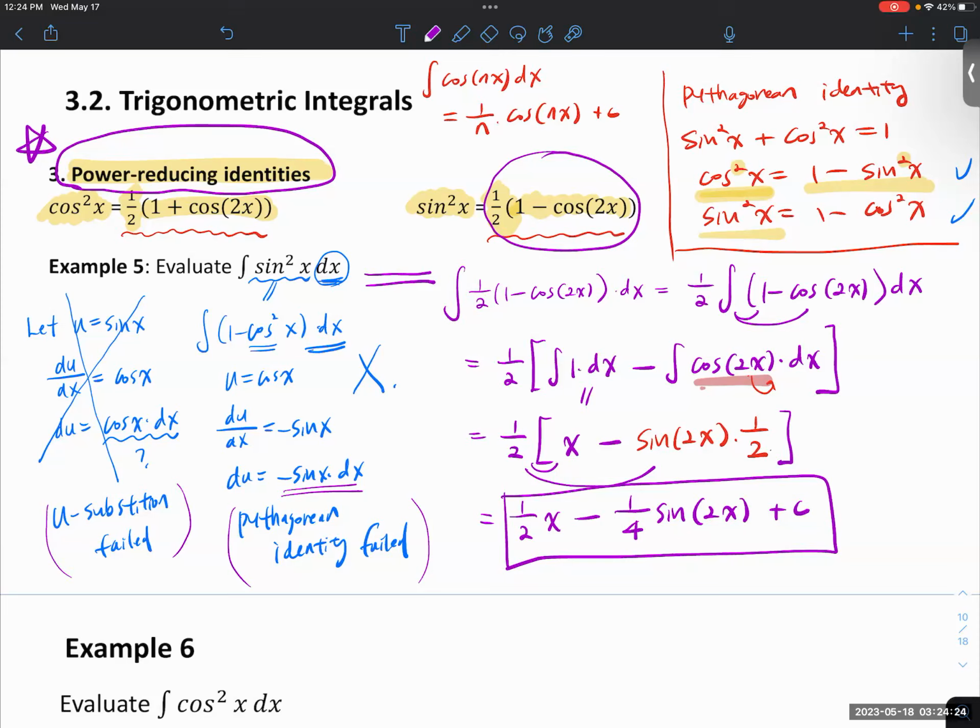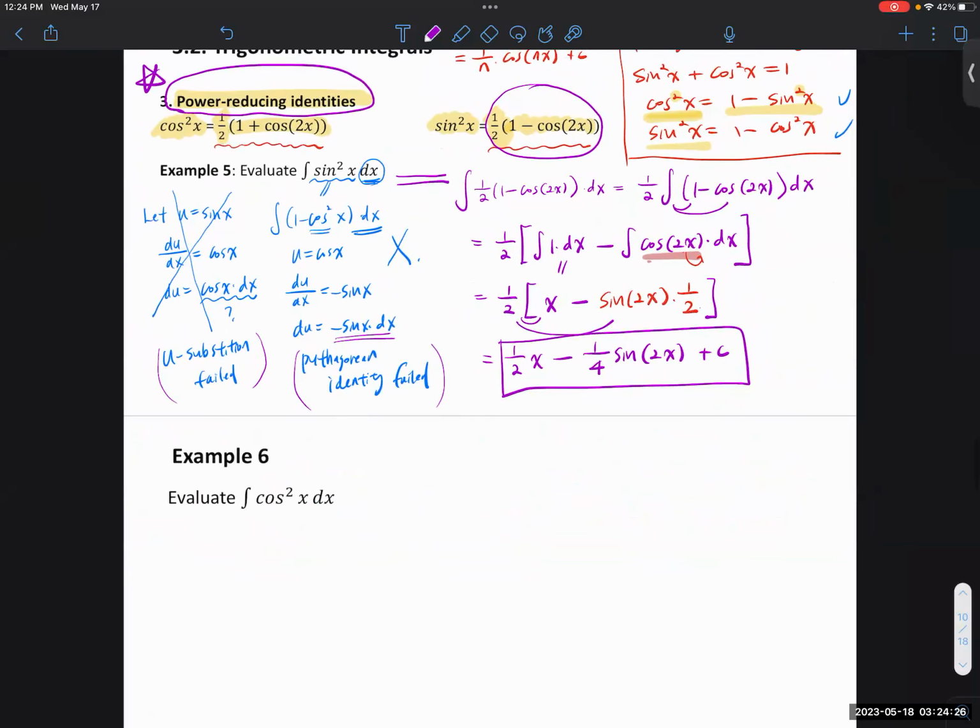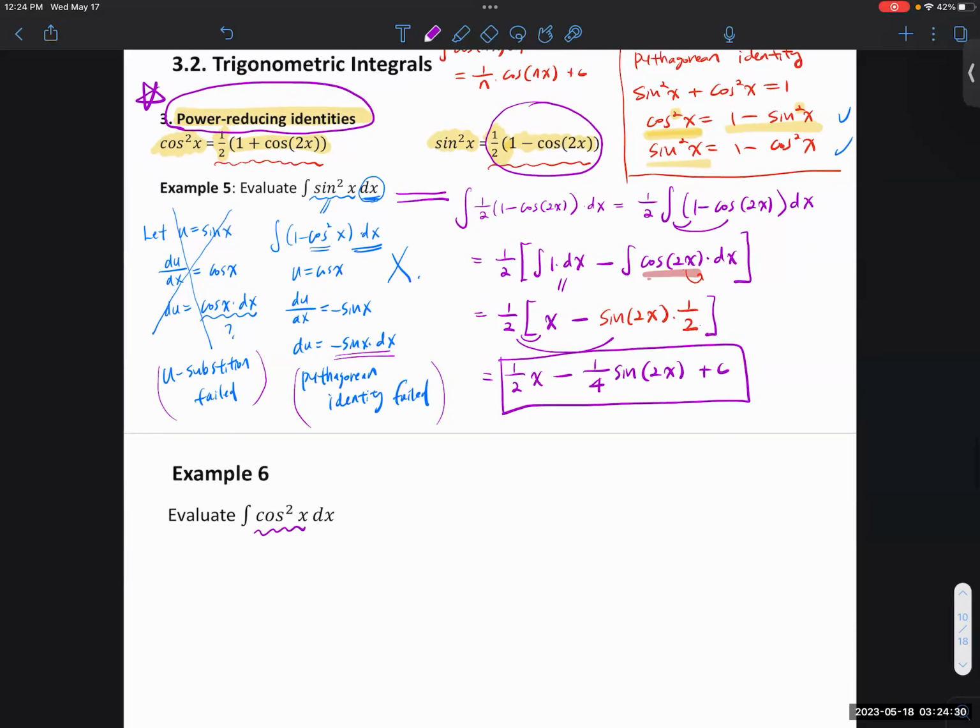So let's take a look at one more example. Here, I have a similar example. We already know that we have a cosine squared x. If you try to use substitution or Pythagorean, they're going to fail. You can check if you want, because we already did similar work in example 5.